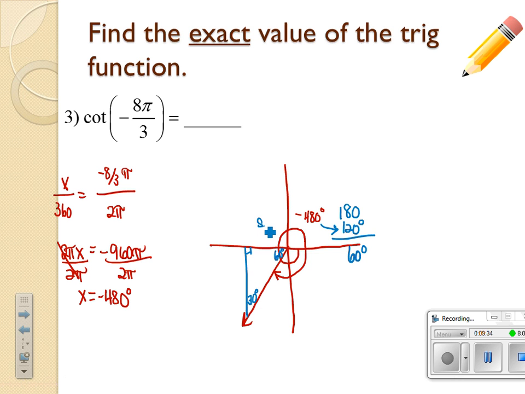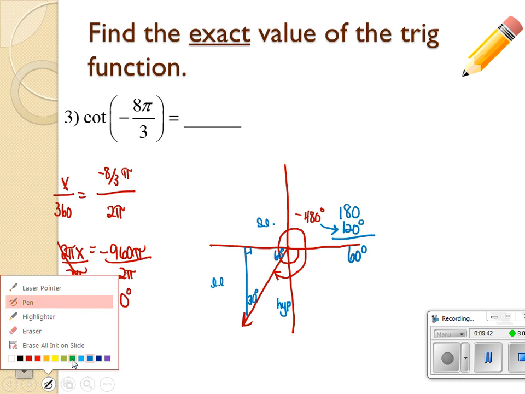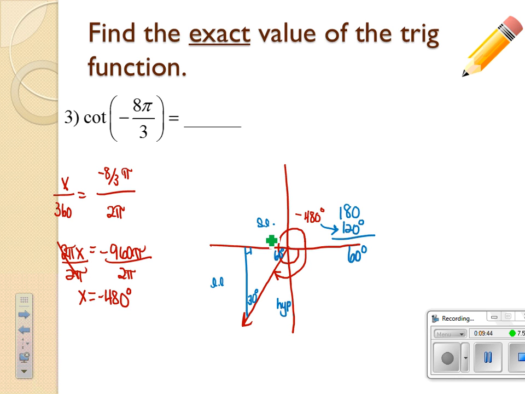This is my short leg. This is my long leg, and this is my hypotenuse. And remember, short leg, if that is 1, but in this case, it wouldn't be a positive 1 because we're in quadrant 3, so we're in -1. This is going to be the long leg, which is times the square root of 3, and we're going down into quadrant 3.